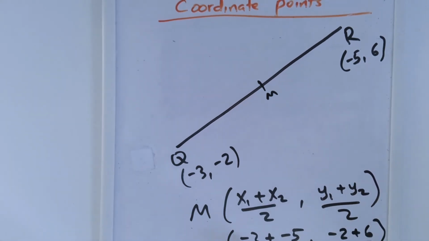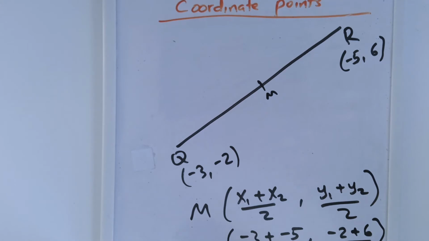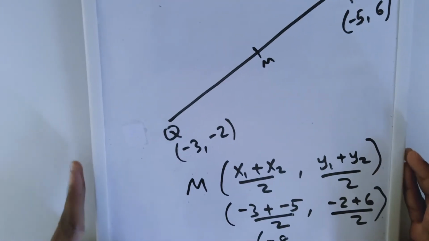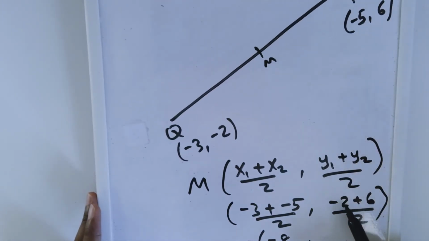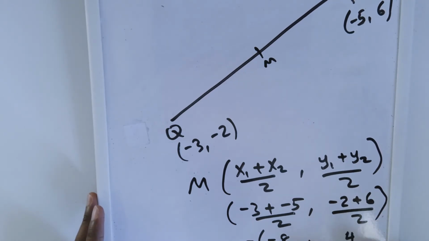So when you add -3 and -5, that gives me -8 divided by 2, comma. When you add -2 and 6, that gives me +4 divided by 2.